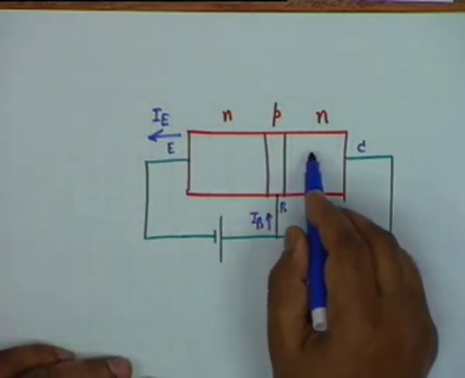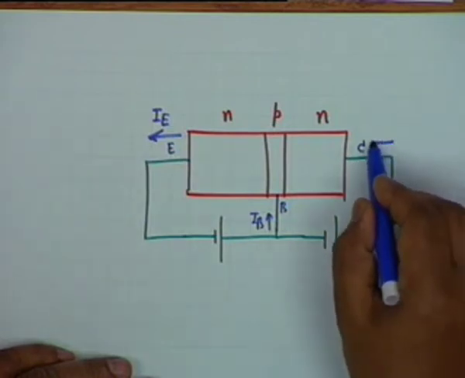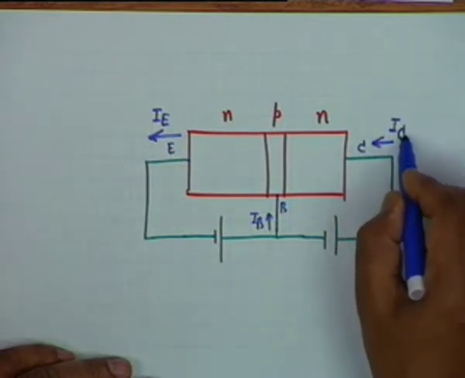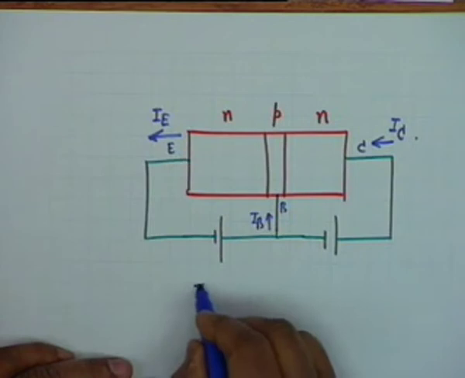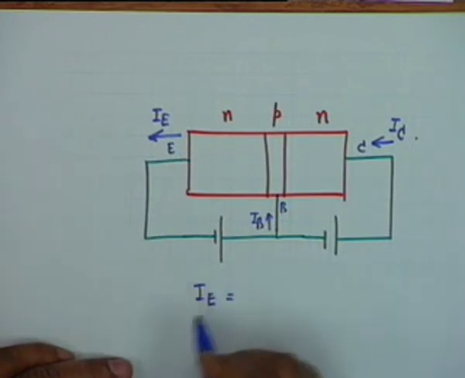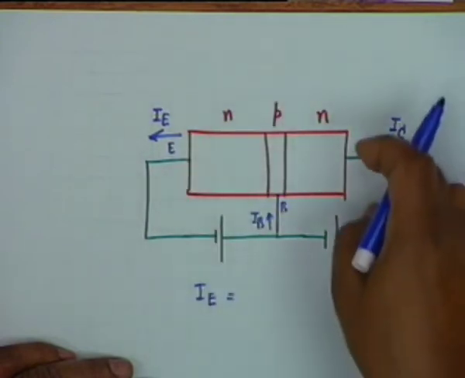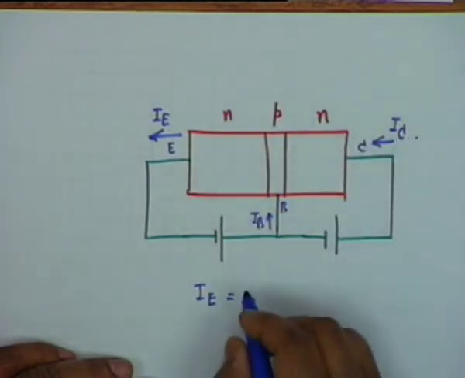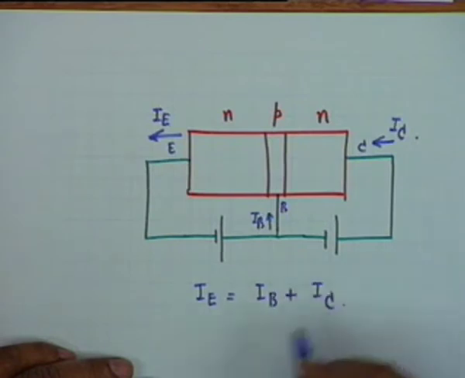And most of these electrons are collected by the collector, which means that a current I sub C enters like this. So the relationship between the currents shall be, by KCL, this is a 3-terminal device. The total current entering must be equal to the total current leaving. So I sub E equals I sub C plus I sub B.